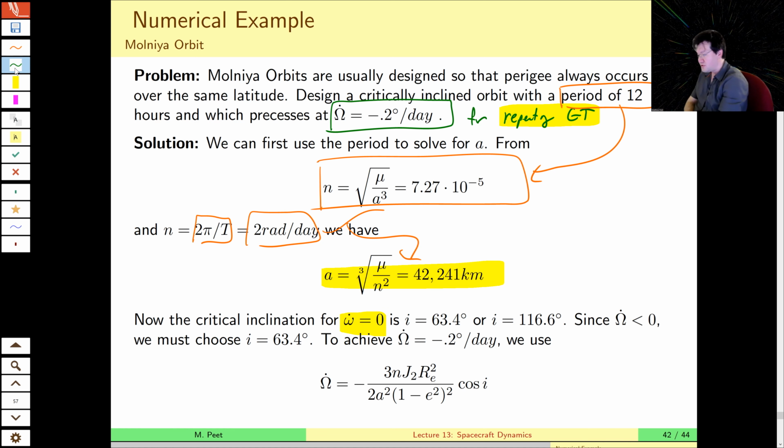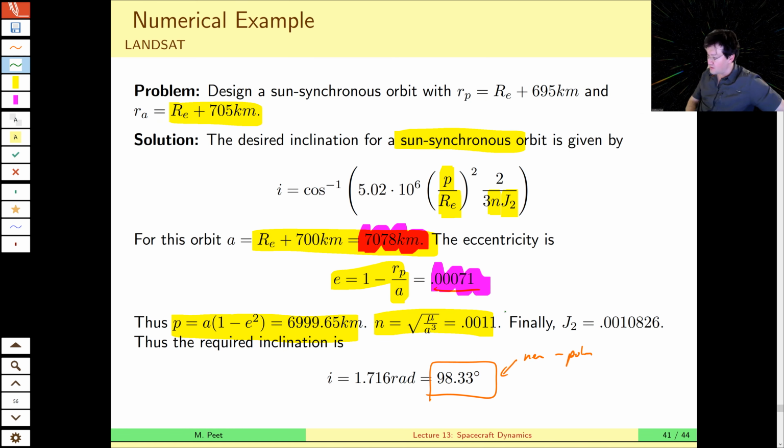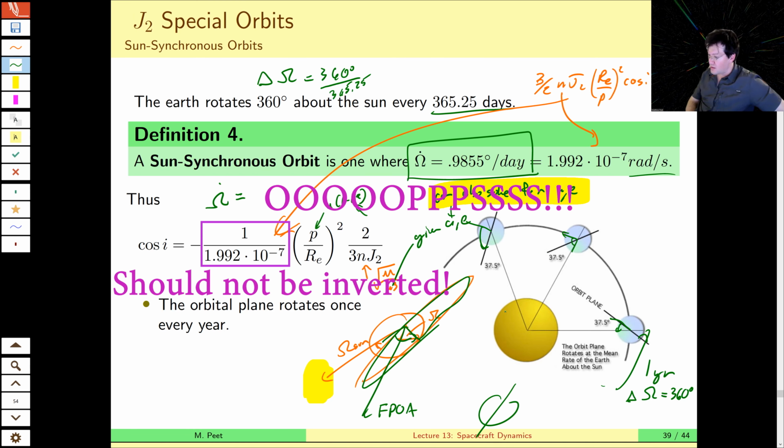So we get to choose now 63 or 116 degrees. Notice from our formula for omega dot, where's our formula for omega dot? Yeah. I think there's a negative sign in front of that.